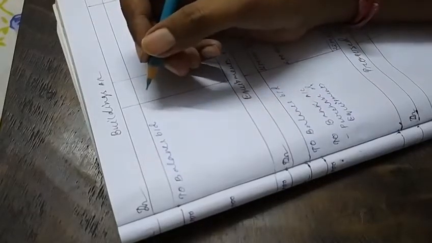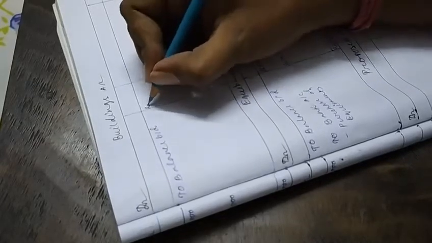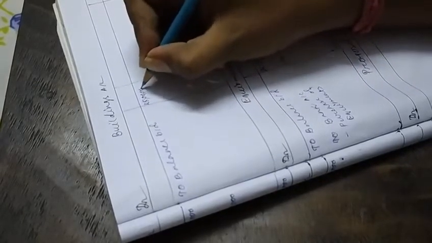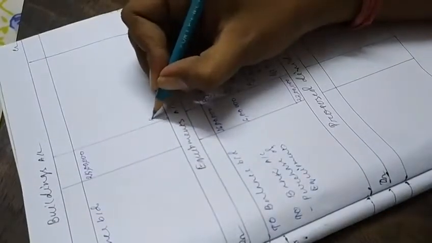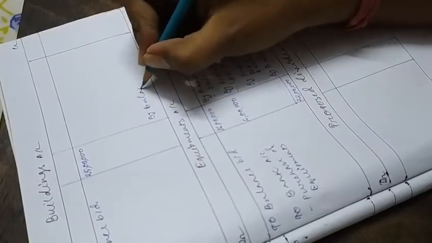If we do the building account simultaneously with the provision for depreciation on building, then we can get the contra balancing figure. So the building's opening balance is 25 lakh, and the closing balance is 25 lakh.